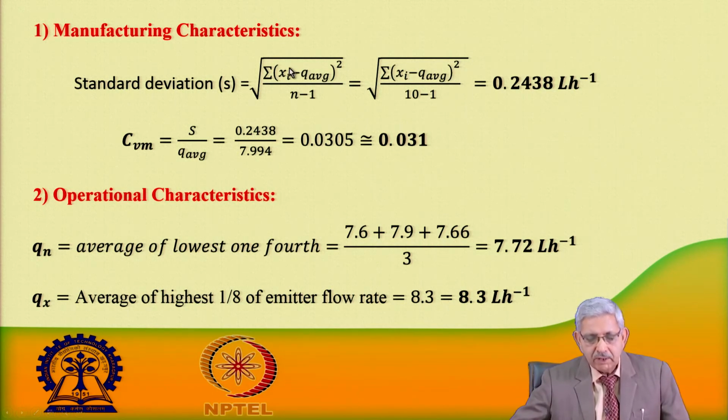It is a simple formula: x i minus x bar, where x bar is nothing but Q average, squared and summed, divided by n minus 1, and then taking the square root, which gives the standard deviation. We obtained a standard deviation of 0.2438 liter per hour, and the average was 7.994. So, we got CVM equal to 0.031.